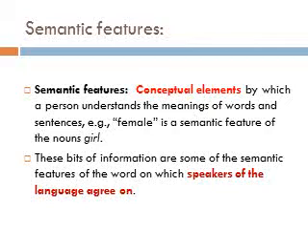Any noun that could be the subject of the verb ate must have the semantic feature plus animate, and this is why the sentence sounded awkward, because we as speakers of the language agree on the semantic features that should go with the subject of the verb ate.